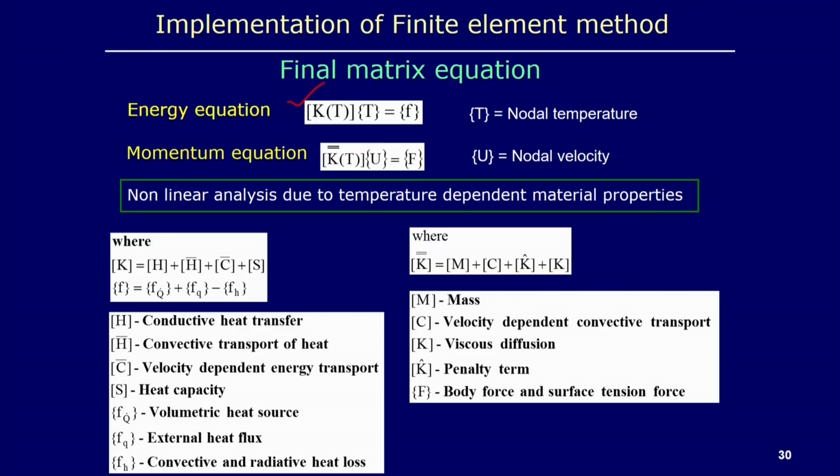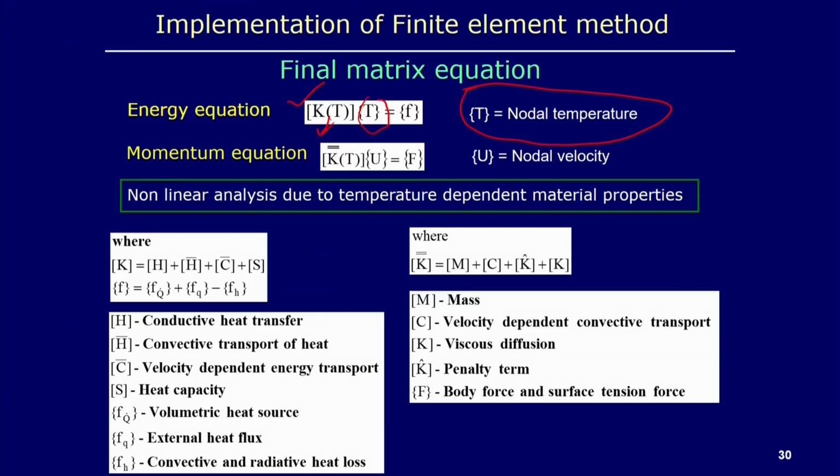So, K T is equal to the column vector on the right side, and we are finding the solution for the temperature distribution. But this K matrix is also a function of temperature when you incorporate temperature dependent material properties, and finally we get the nodal temperature as the output, that is, each and every node point gets a value of the temperature.